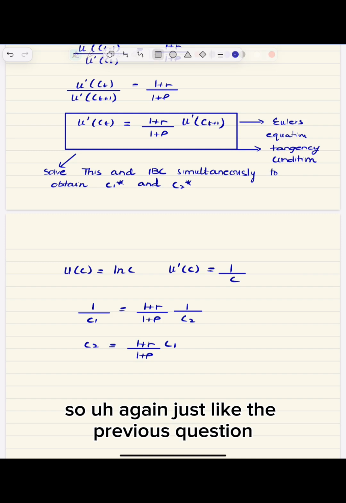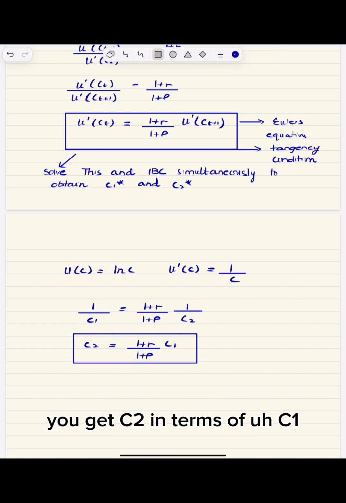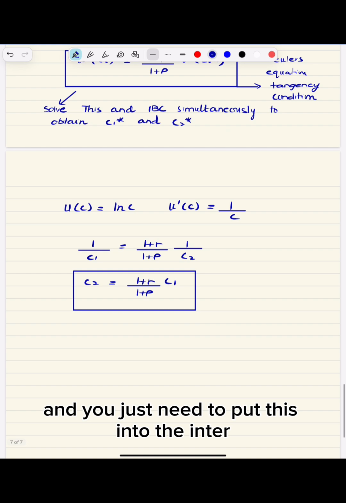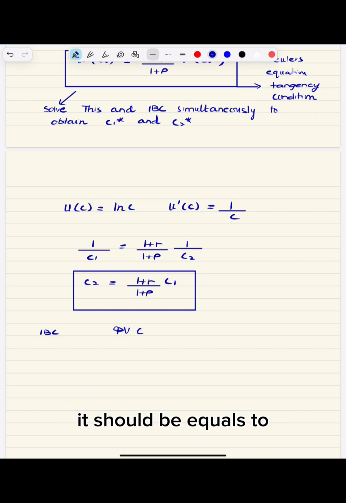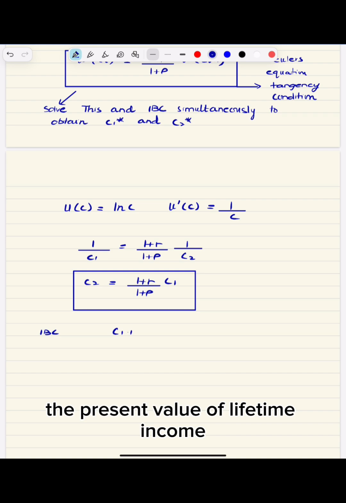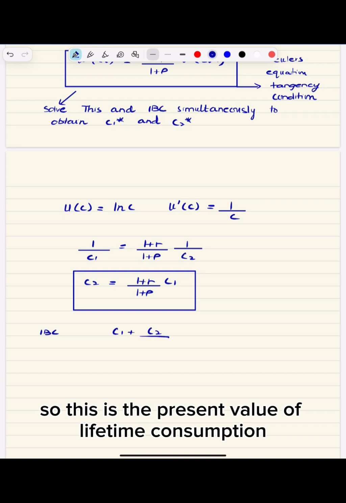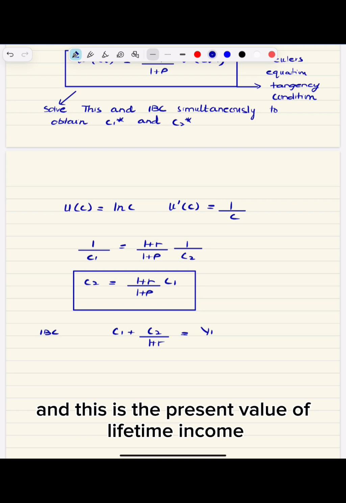So again, just like the previous question, you get c_2 in terms of c_1, and you just need to put this into the intertemporal budget constraint, which says the present value of lifetime consumption should be equal to the present value of lifetime income.